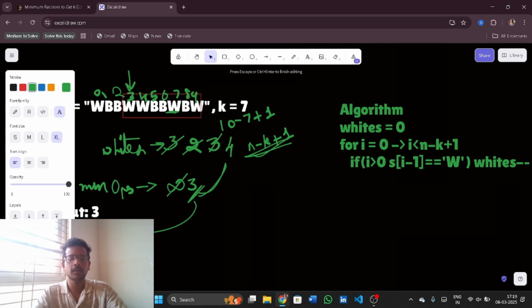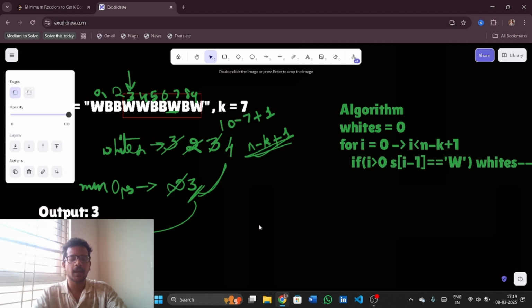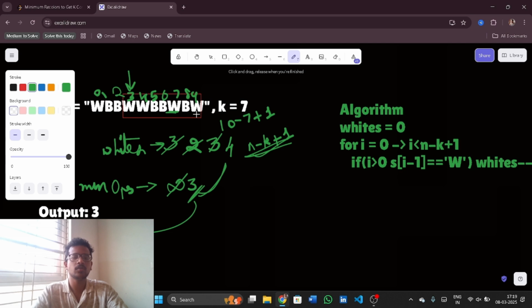After that, I am incrementing the count of whites at which index? If I am at 3, then 3 plus 7, sorry, 10 minus 1, so i plus k minus 1.